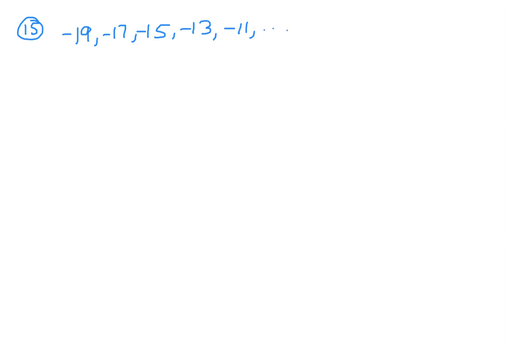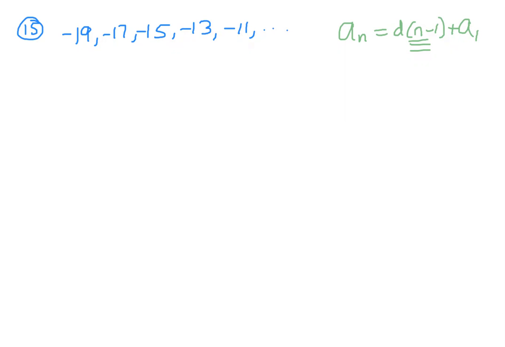So that's what you're going to use. When we find this formula, it's in terms of N. And a recursive would be what you're starting. You're going to define your first term and then write a rule using the term before it.